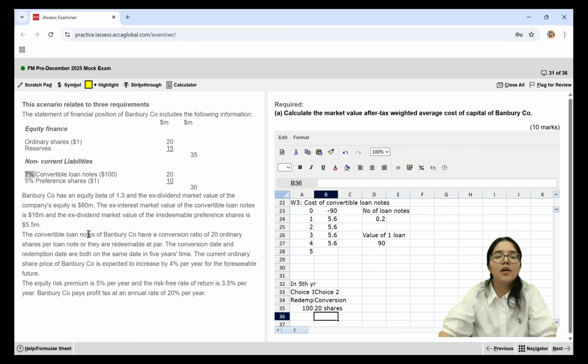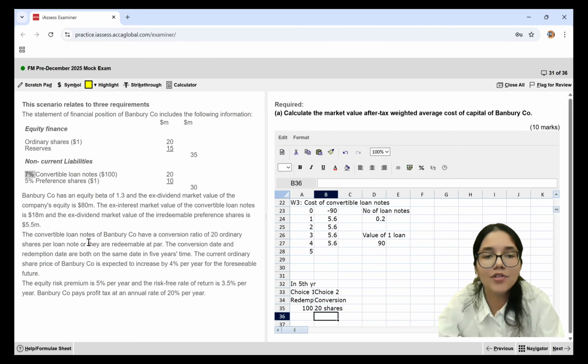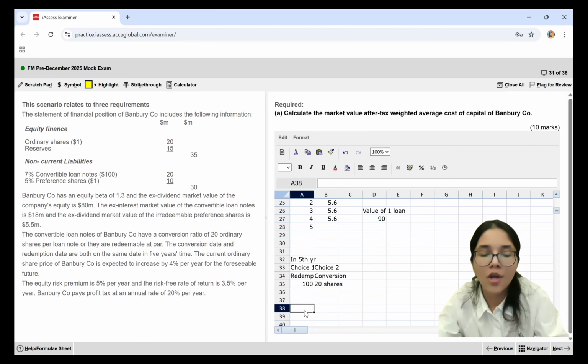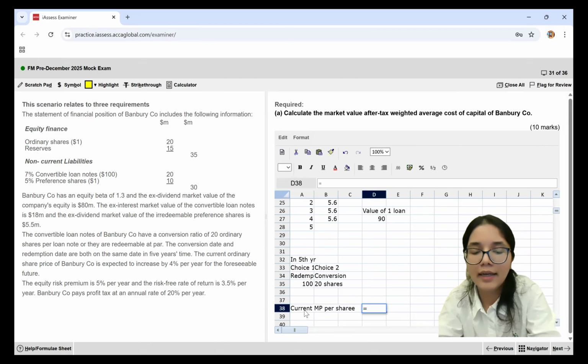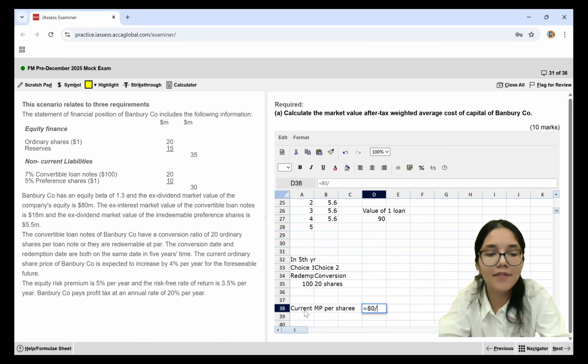And if you talk about how much the share price looks right now, the total market value of the equity is given to you as $80 million, and they're telling you that 20 million shares are in issue. So the current market price per share can be calculated using 80, the total worth, divided by 20.